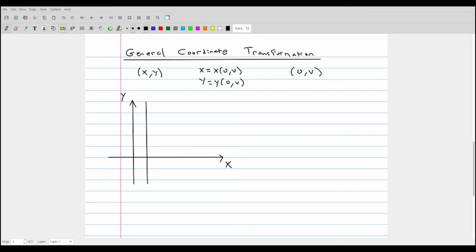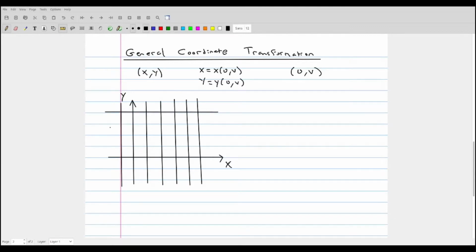So just like before, the coordinate curves for Cartesian coordinates are just straight vertical lines for fixed values of x, and straight horizontal lines for fixed values of y.